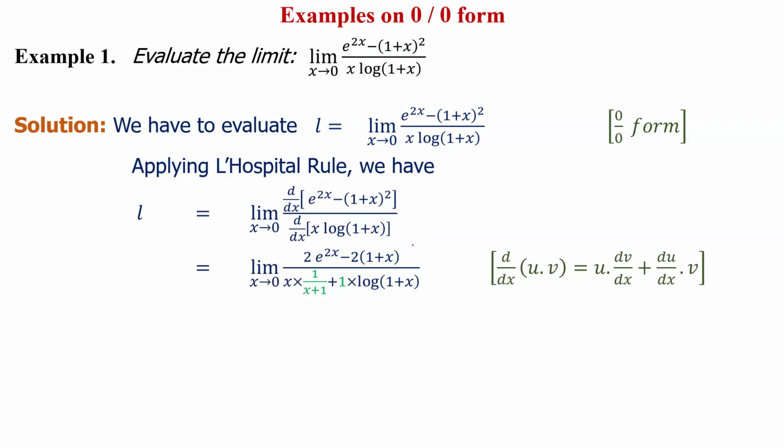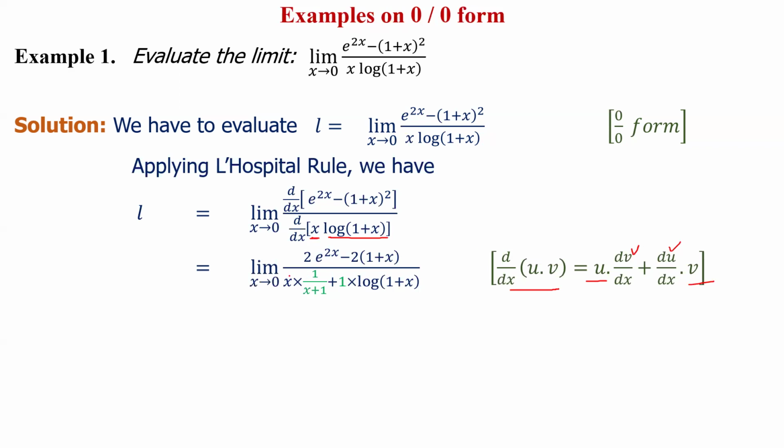In the denominator, since this is a product of two functions, to find the derivative we use the product rule: first function u times the derivative of the second function, plus the derivative of the first function times the second function.